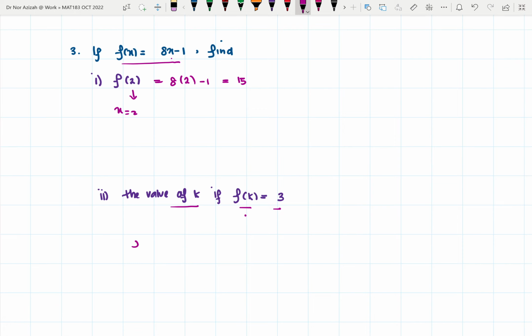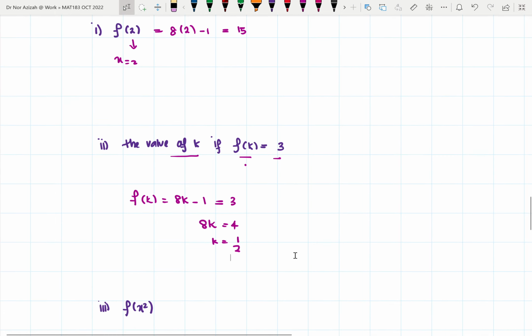Then you will get f of k equals 8k minus 1, equate to 3. Therefore, 8k equals 4. Then k equals 1 over 2. That is the value of k when f of k equals 3.